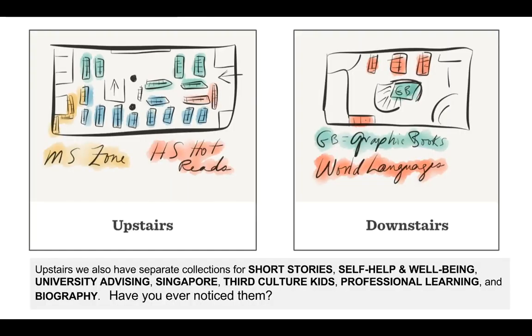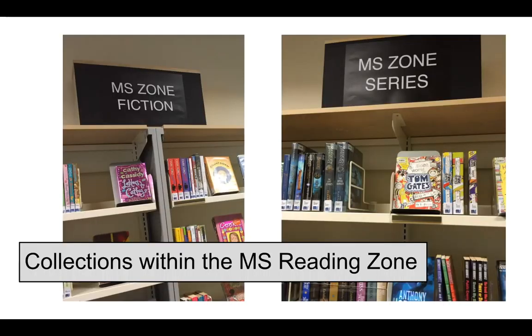This is a map of our upstairs and downstairs. You know the middle school zone, and I hope you have gone over and looked at the high school hot reads because that's similar. It's all those multiple copy books that the high schoolers read. And downstairs is where we have our world languages and our graphic books. And then we have these other smaller collections and bins around the library. If you've never noticed them, ask us. We'll point out where they are.